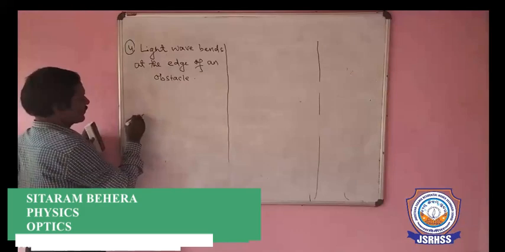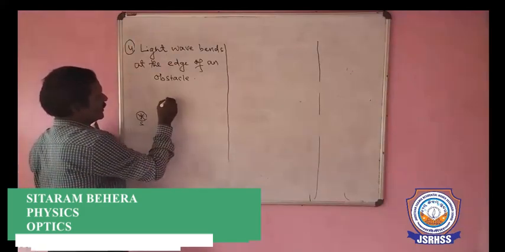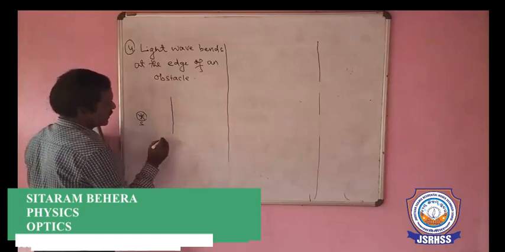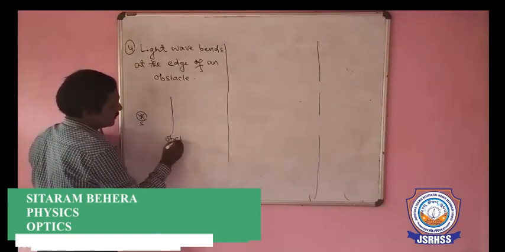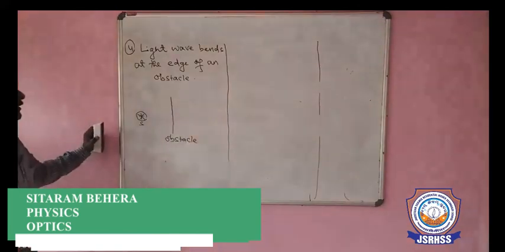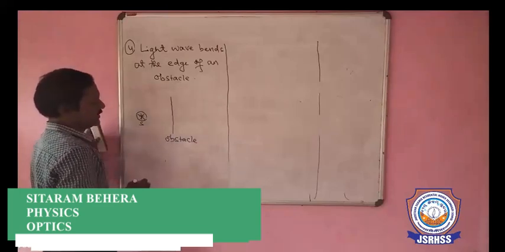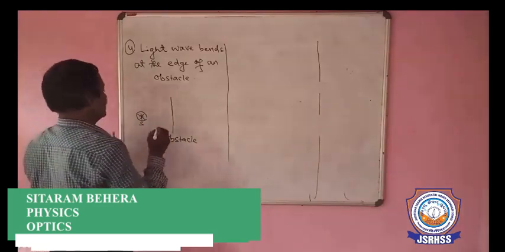Suppose this is the source of light and this is an obstacle, which is obstructing light to pass through it.